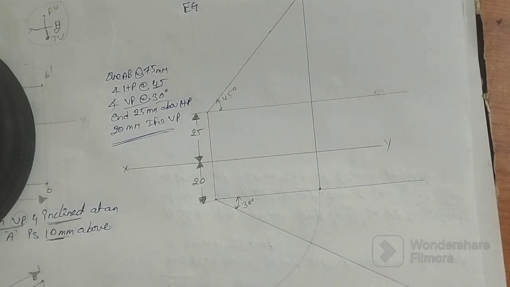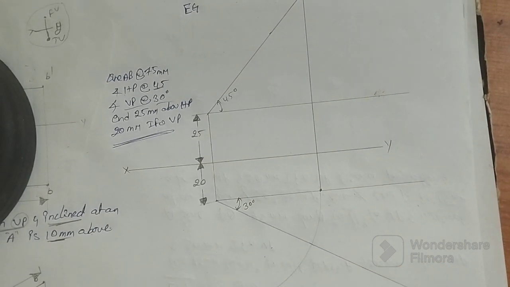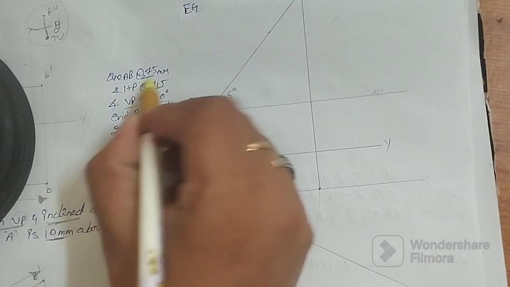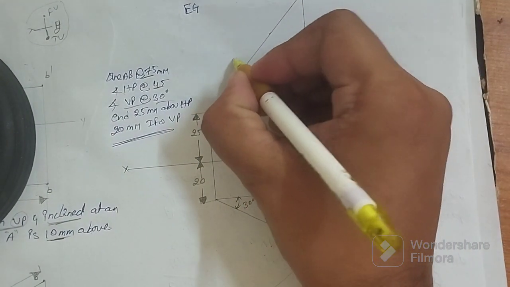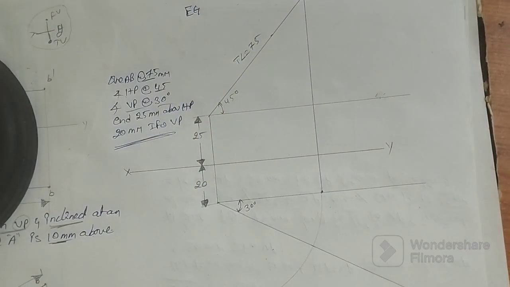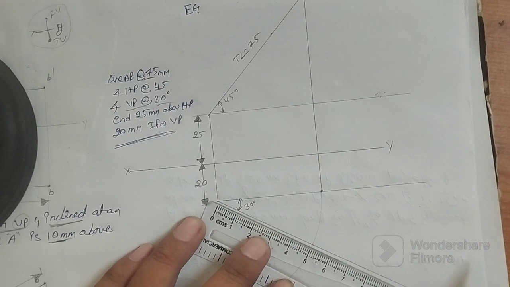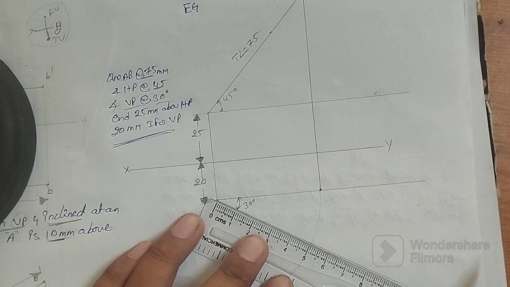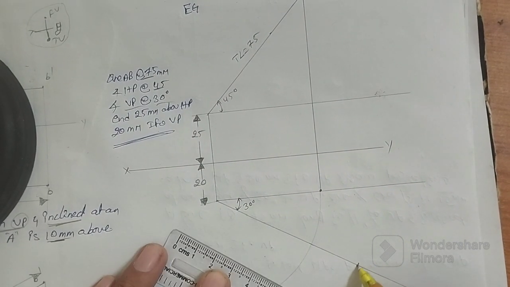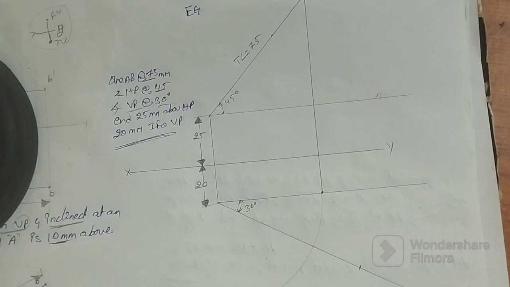Next, the given length is 75, the line length. This is called the true length, given as 75 mm. So here I'll measure 75 mm too. That is my 75.